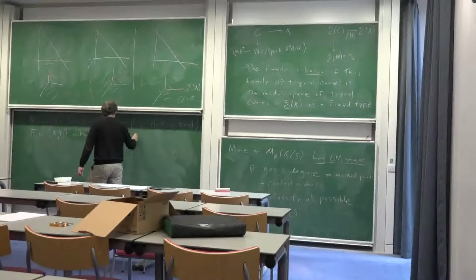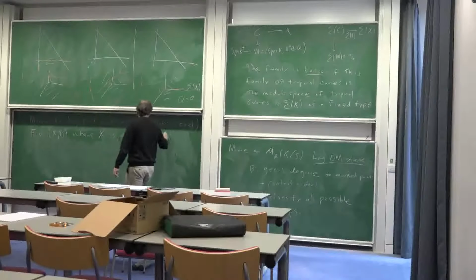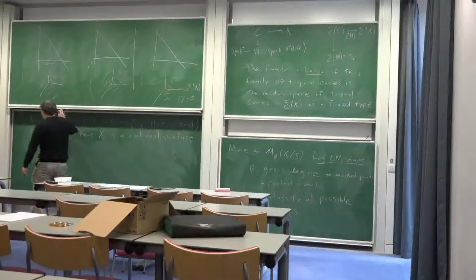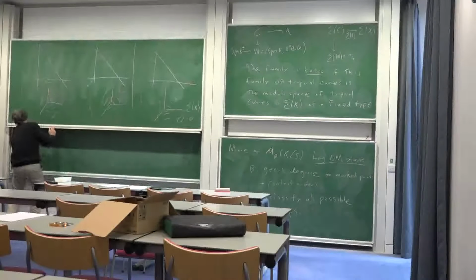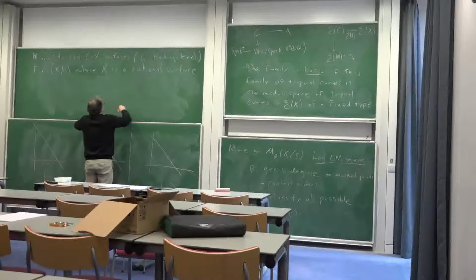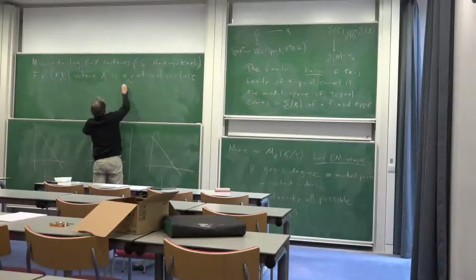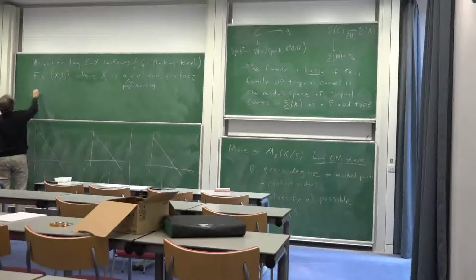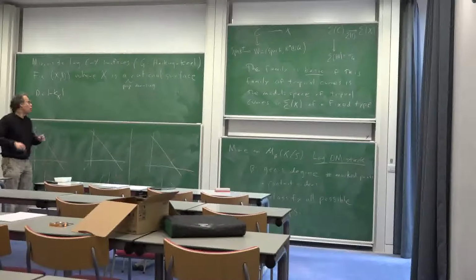X is a projective, non-singular, rational surface, and D is a divisor in minus K_X, an anti-canonical divisor, which is a cycle of P1s.